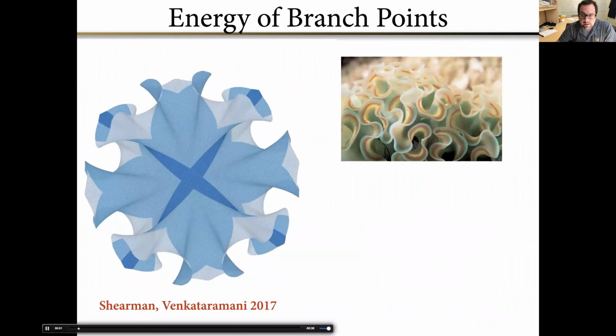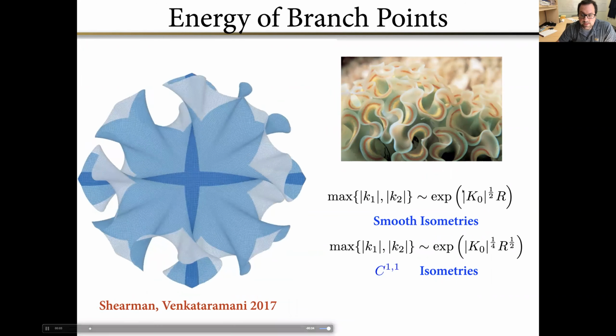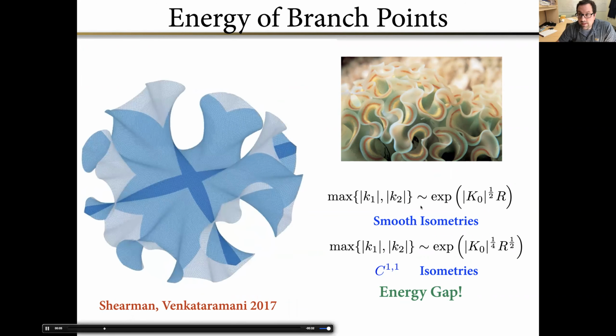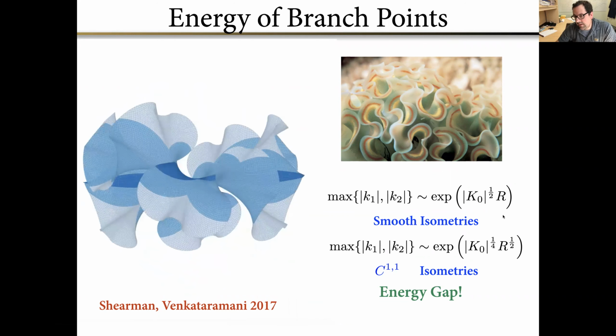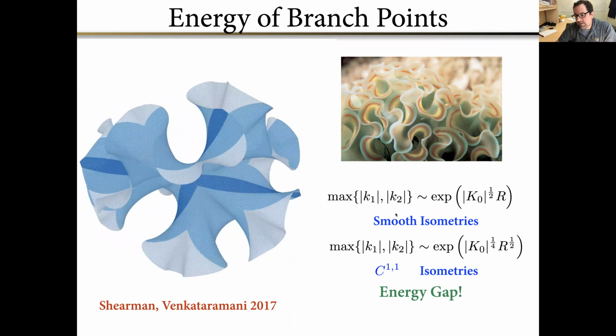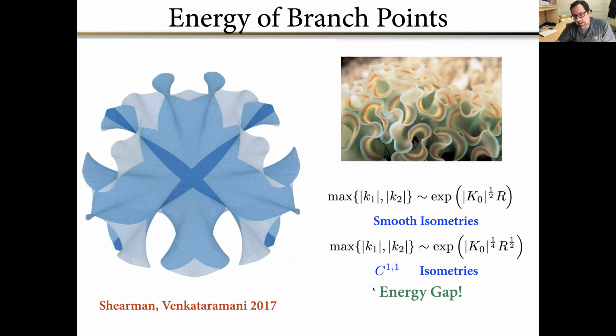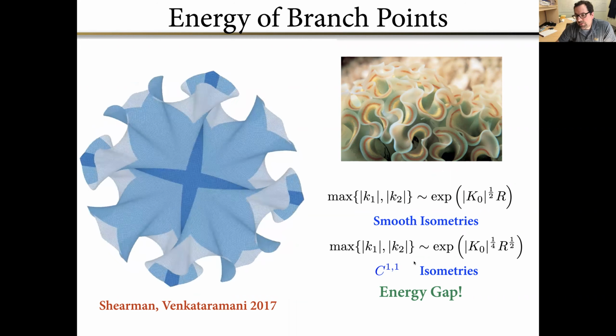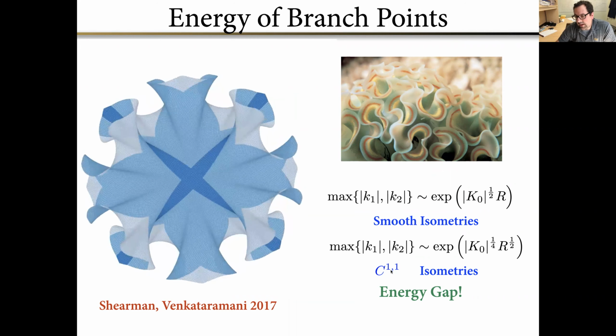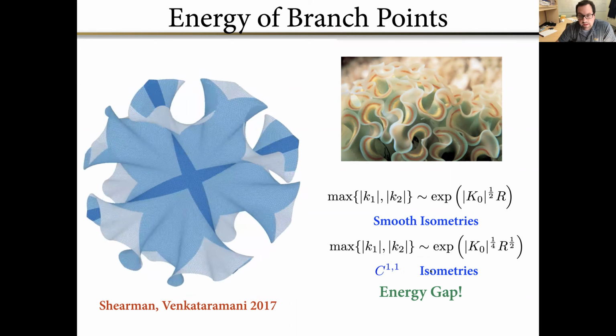The other interesting thing about this construction, we can prove this, is they have not just less energy, but far less energy than the smooth isometries. So what this means is there's an actual energy gap between the smooth isometries and the C11 isometries.